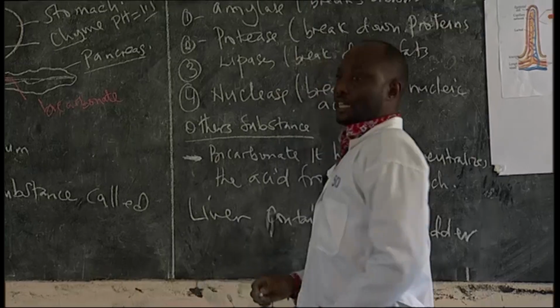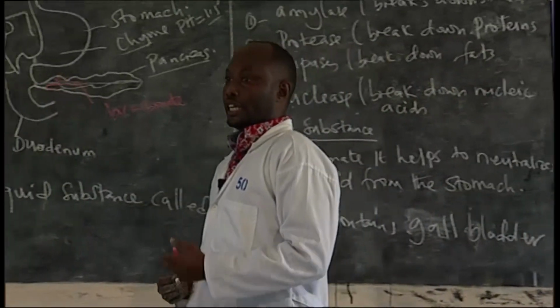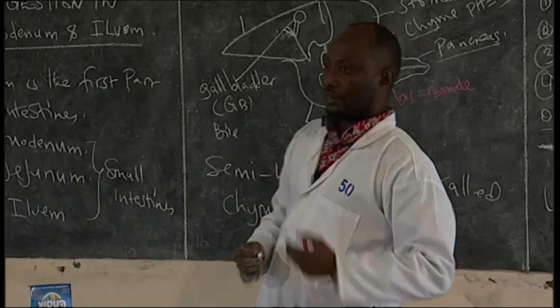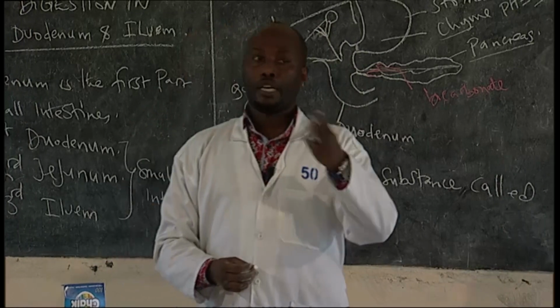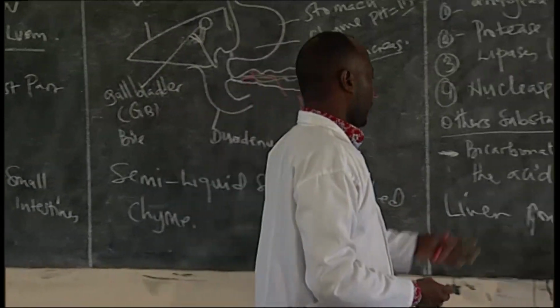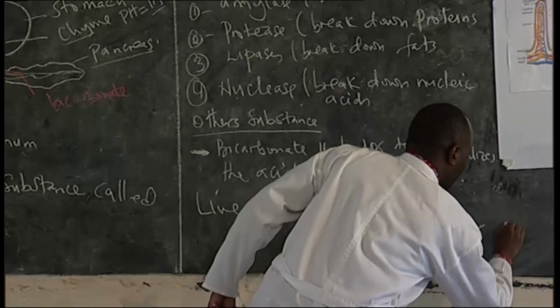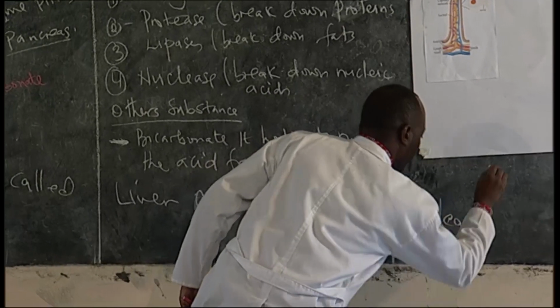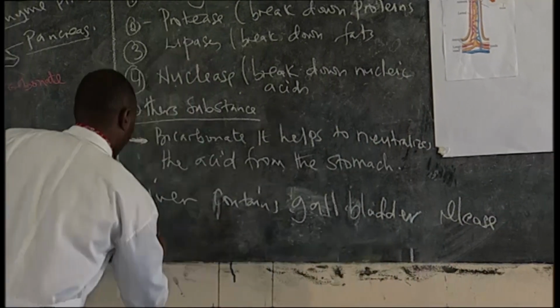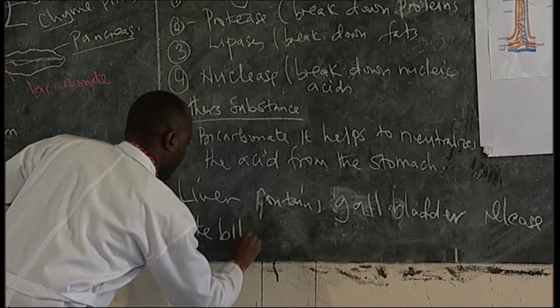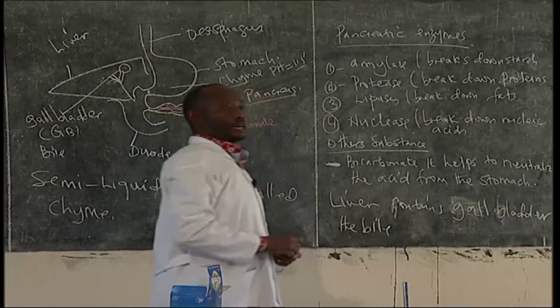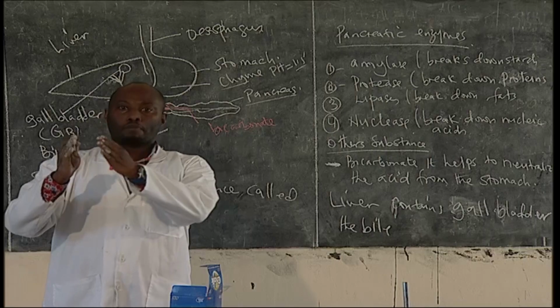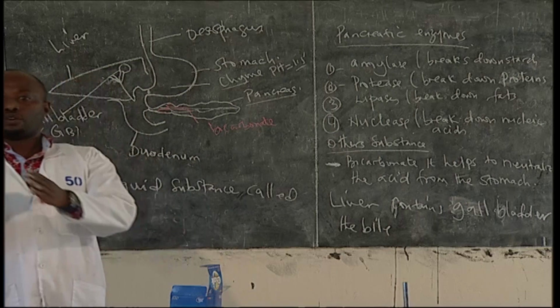The gallbladder is very important for releasing bile. It releases the bile, bile pigments and even bile salts, and one of the functions of bile is emulsification of fats.